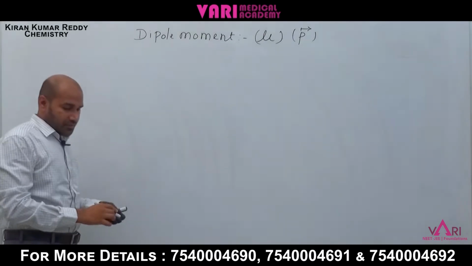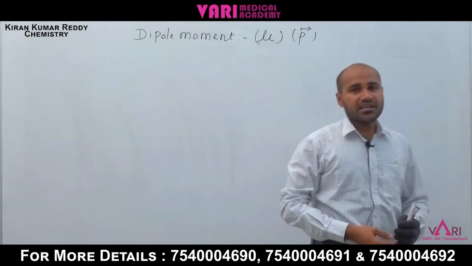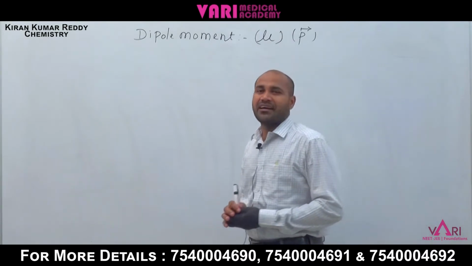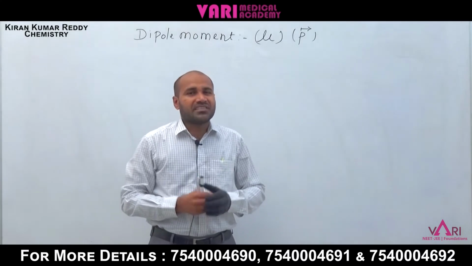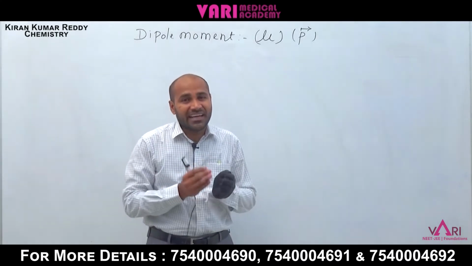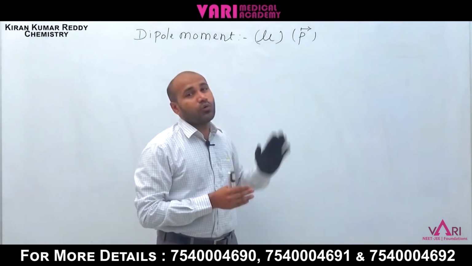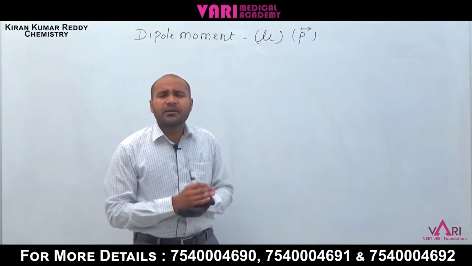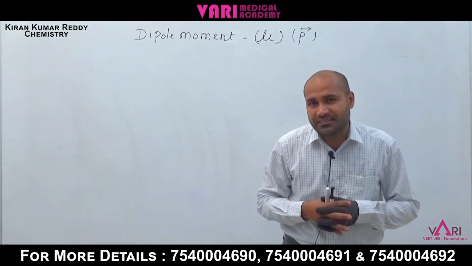Already we explained the percentage of covalent character in an ionic bond, which is explained by Fajan's rule. The percentage of ionic character in a covalent bond is explained by dipole moment. A 100% covalent bond or 100% ionic bond is not possible.